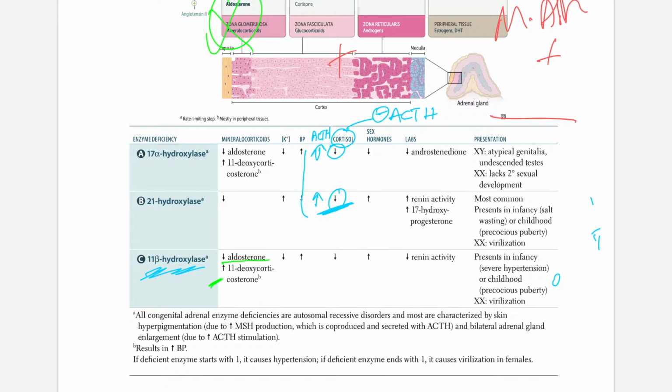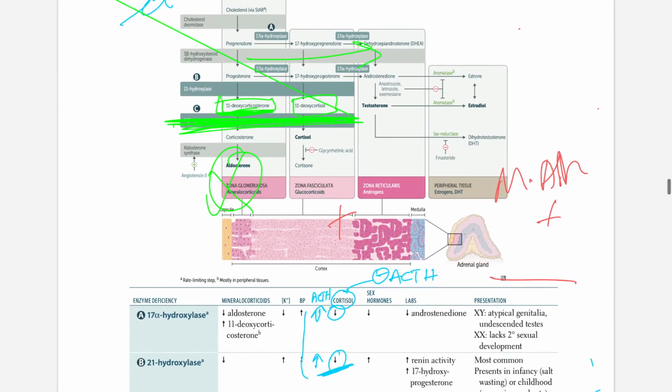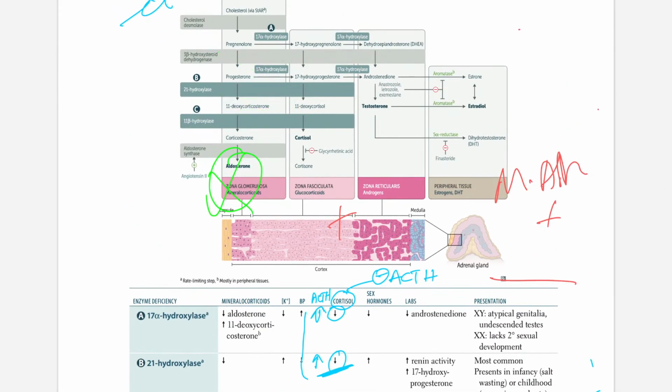But now if you look, this is very important. If you look at blood pressure and your potassium, they look like, hey, they are getting aldosterone. But that is due to the fact that, like I talked about when I was saying all these points, you have a weak mineralocorticoid activity. This byproduct, which is 11-deoxycorticosterone, has a weak aldo activity.